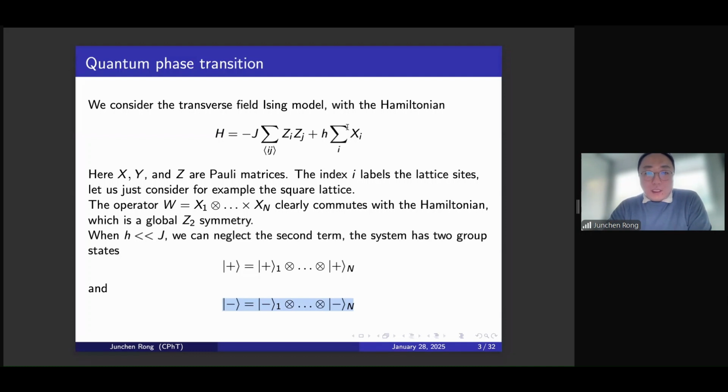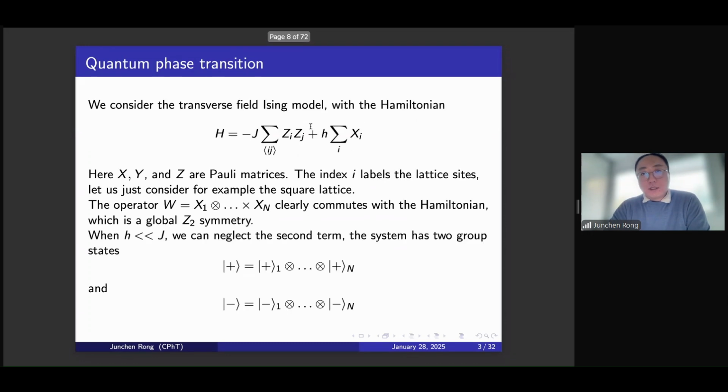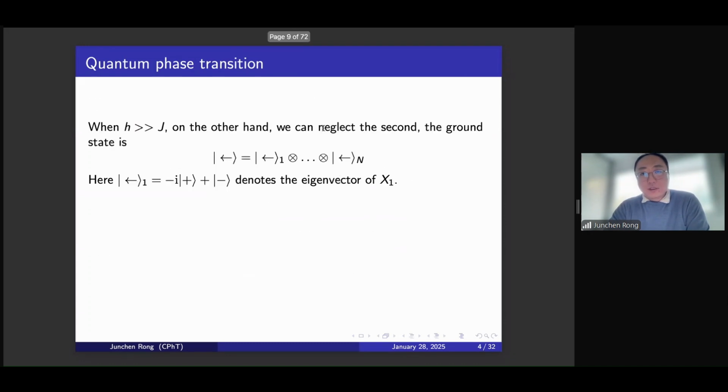But as long as you turn on this coupling, the state is not exactly like this anymore. It will have corrections. But still, we know that this is in the symmetry breaking phase, where the Z2 symmetry is broken. In the other limit, when h is much larger than the coupling, we can neglect the first term and just focus on the second.